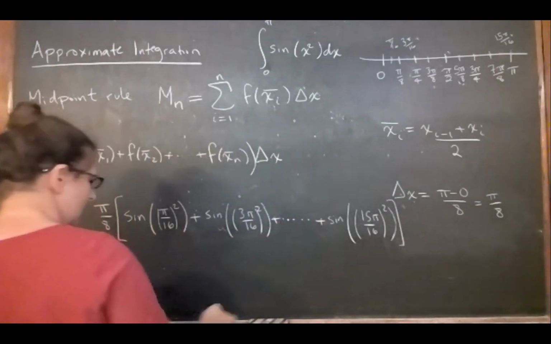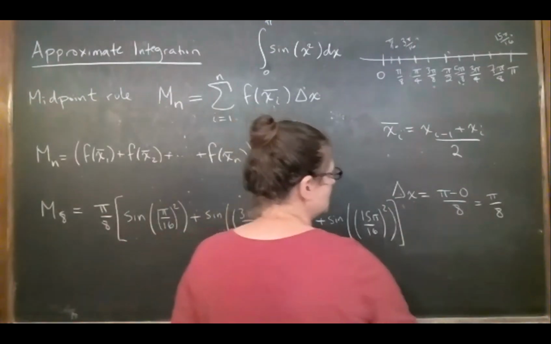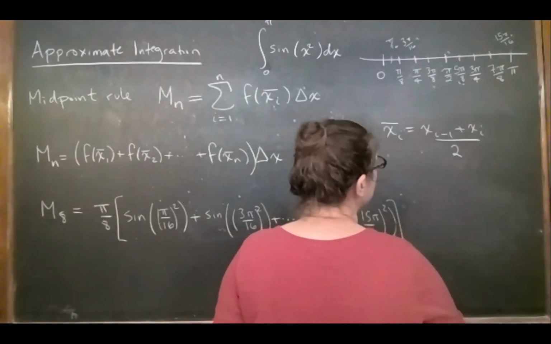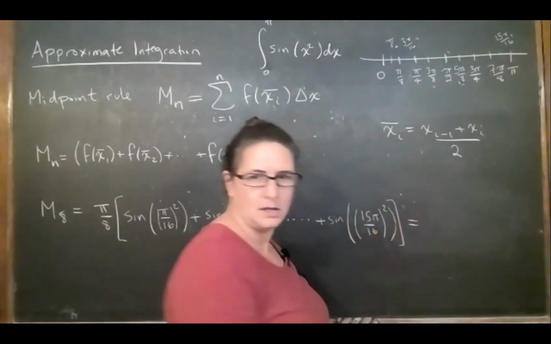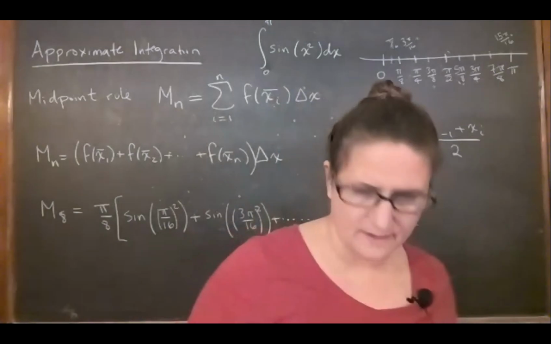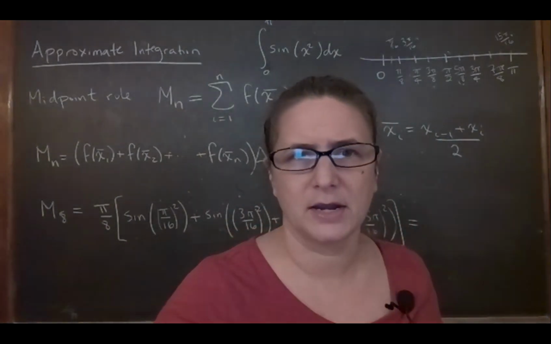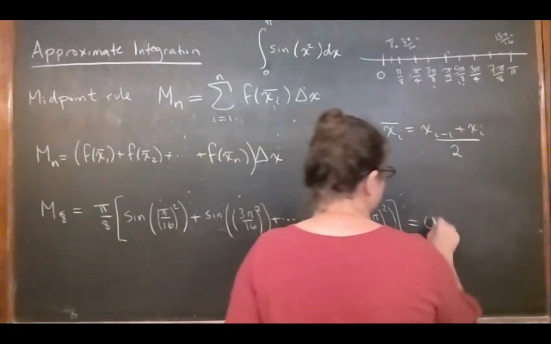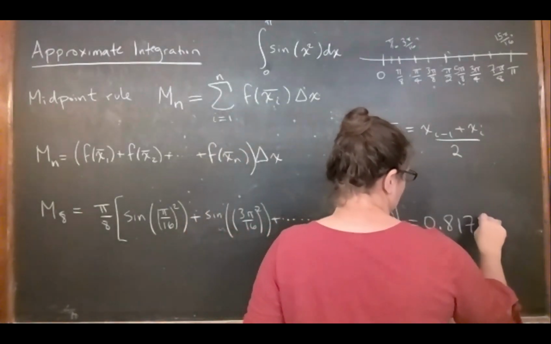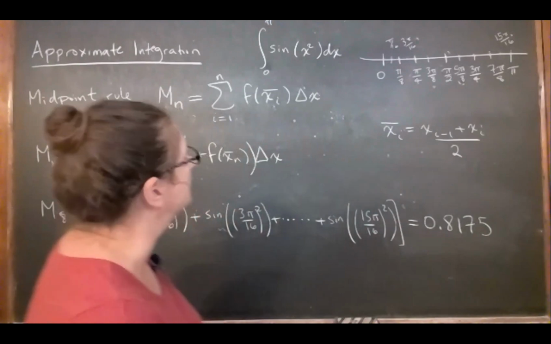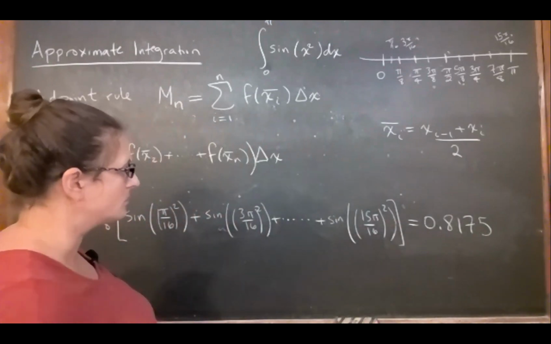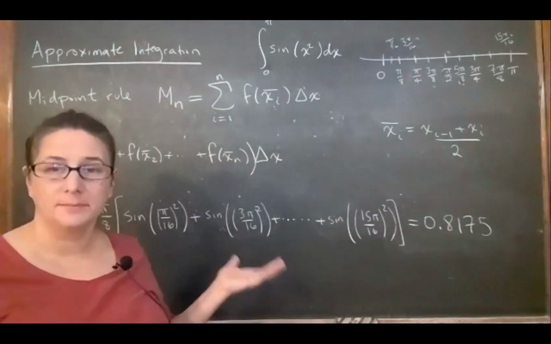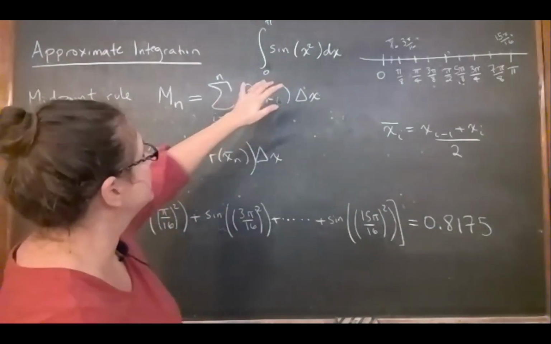Right, all of that times delta x, and my answer is, oh, I had it here, let me check it out, 0.8175. If you put all those into your calculator. Okay, so that is the midpoint rule with this particular integral.